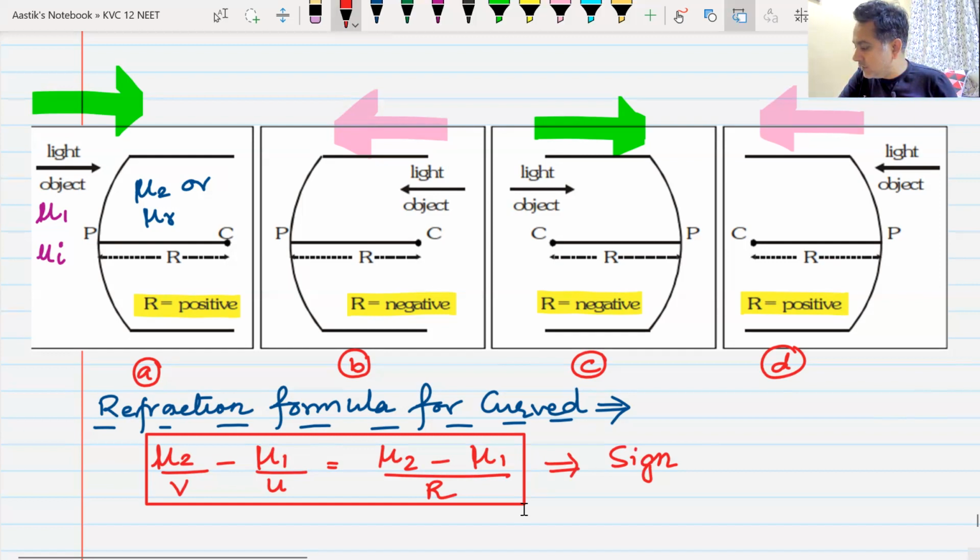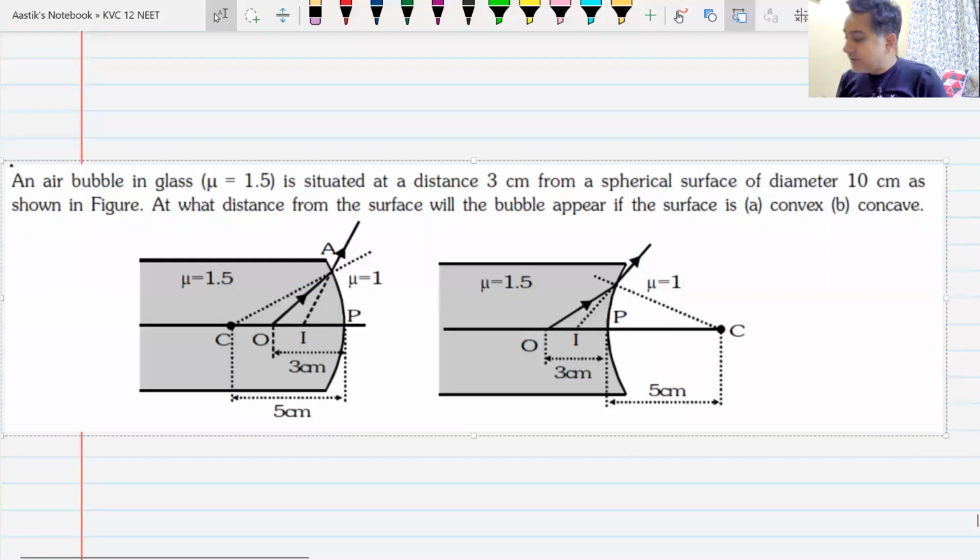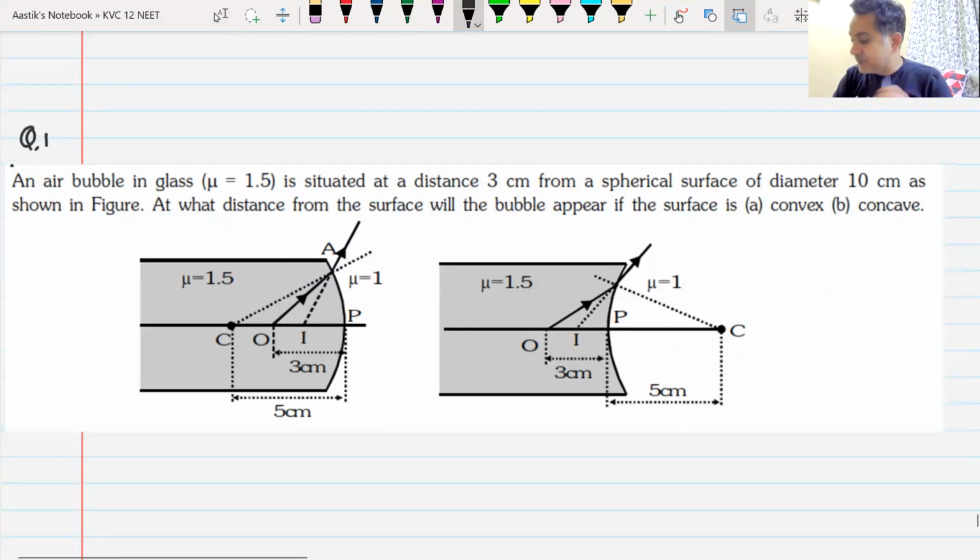Here is the first question that we are going to discuss, question number 1. And the question is very simple. There is an air bubble in glass.